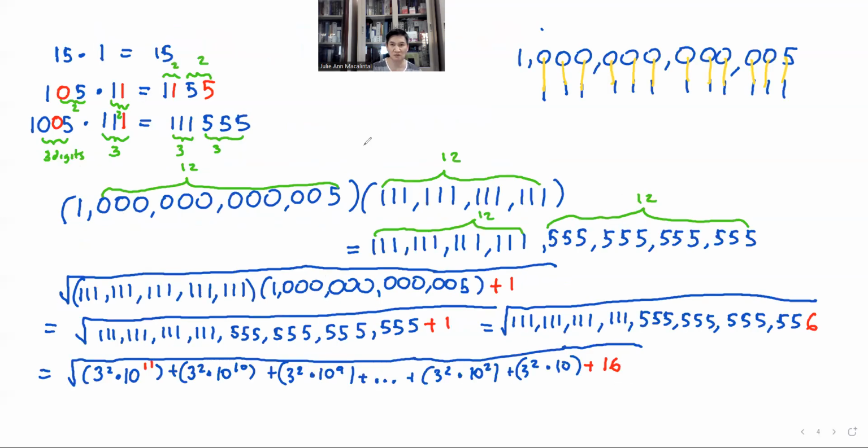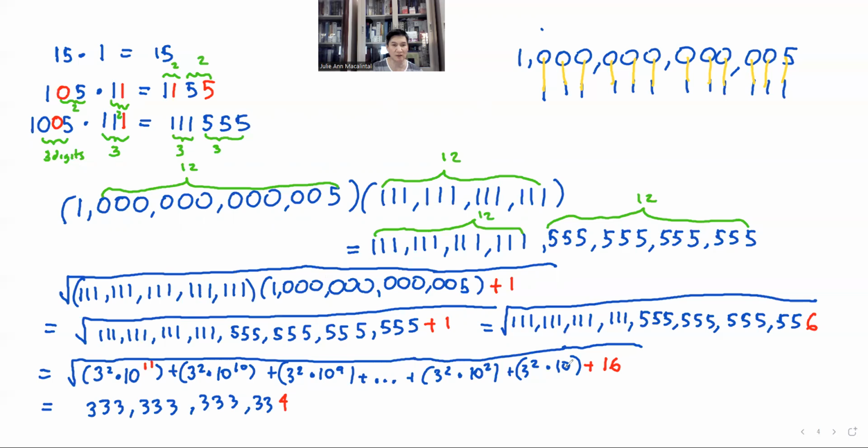So this will become, because they're all squared, 3 squared, so if you convert this, it will become 3, 3, 3, 3, 3, 3, 3, 3, 3, 3, and then the last digit will be 4, right?